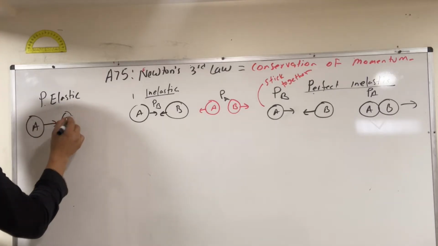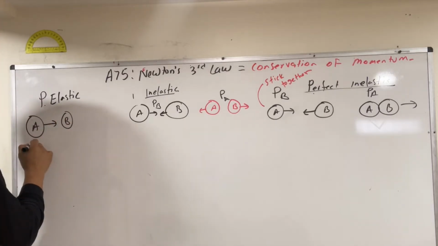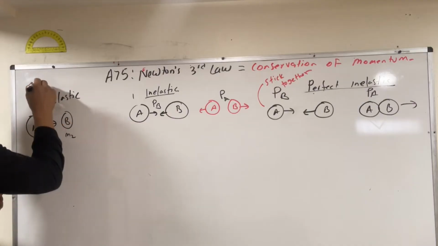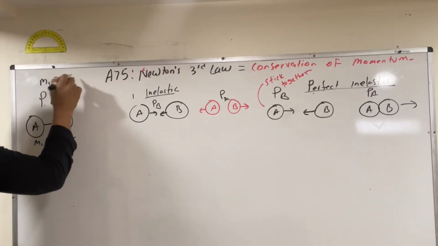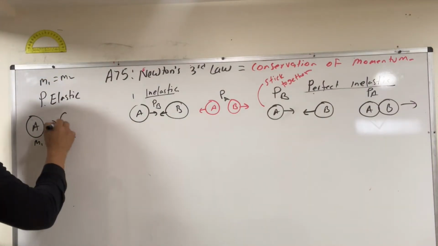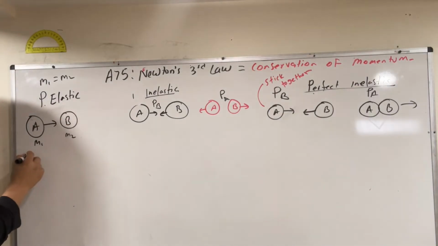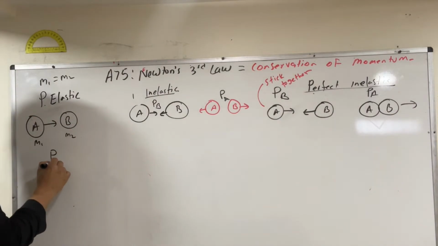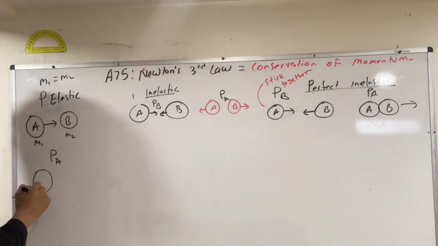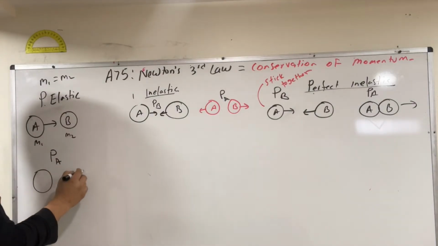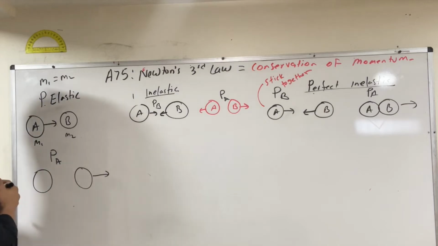They both have mass 1 and mass 2. Mass 1 has to be equal to mass 2. Alright, so make it the same size. Alright, after, mass 1 stops and mass 2 starts moving, right?